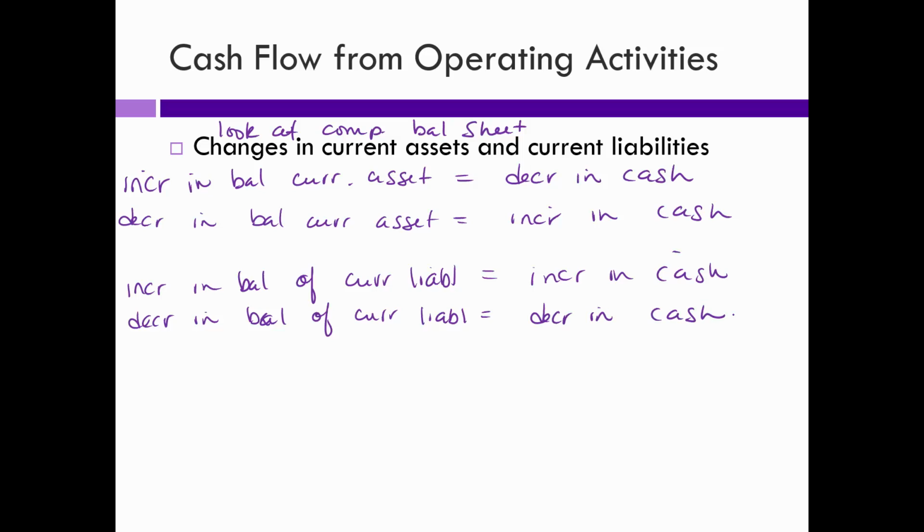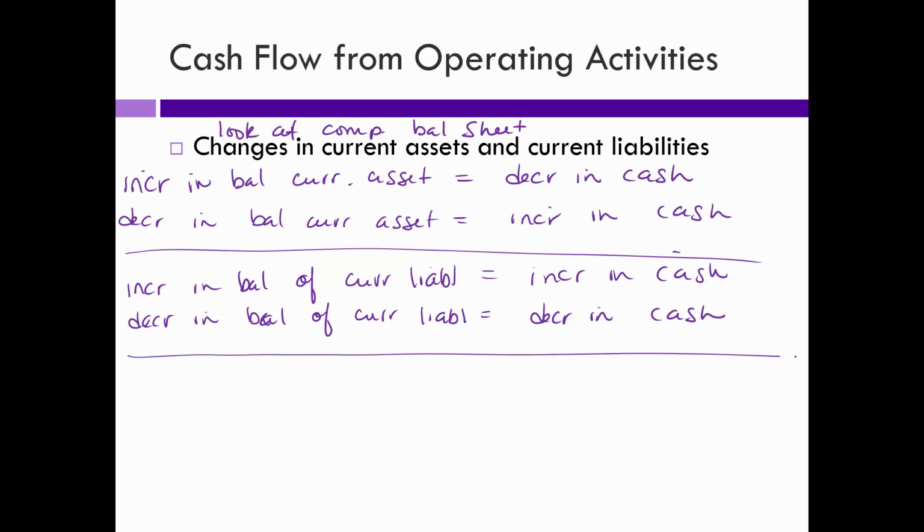So think about accounts payable. If the balance in accounts payable went down, that means you paid on it, so cash went out as you made that payment. With assets, they work in the opposite direction. With current liabilities, they work in the same direction.